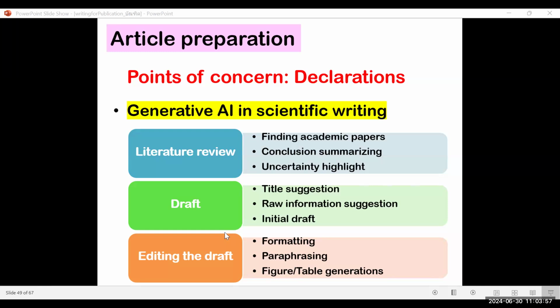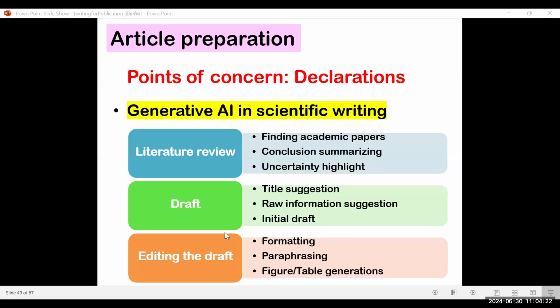Formatting, figures and table generation are not that serious, and yes, you can use AI too. But if you use AI during the course of drafting or the literature review, you need to make it clear without any bias, right?